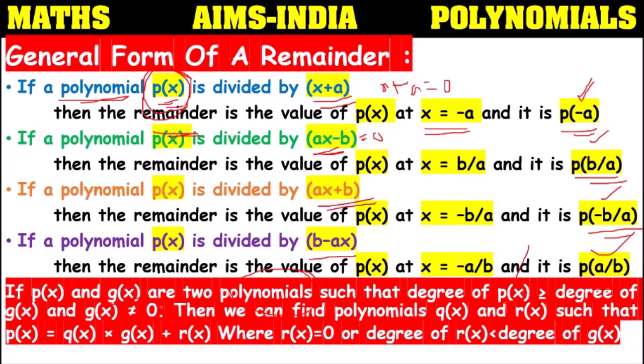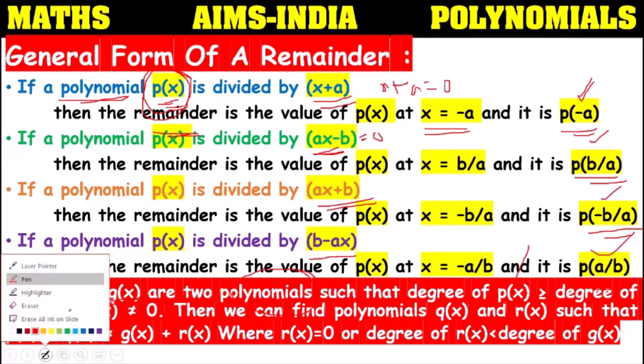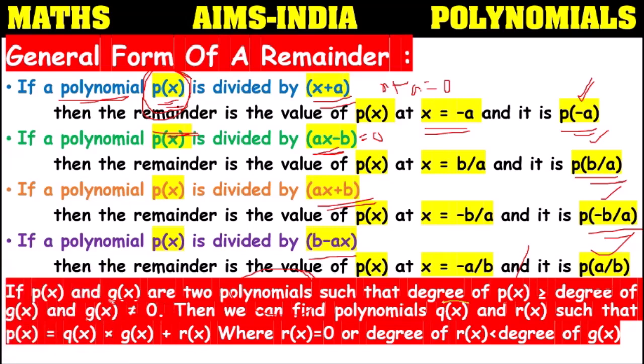And the divisor should not be equal to 0. In this case, we can find polynomials such as q of x and r of x. Two more polynomials we can find. One is termed the quotient and one is termed the remainder, such that all four will follow the division rule.